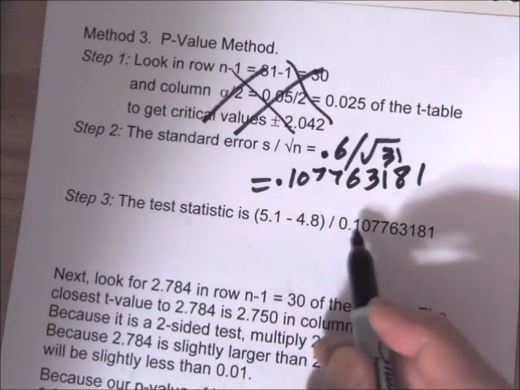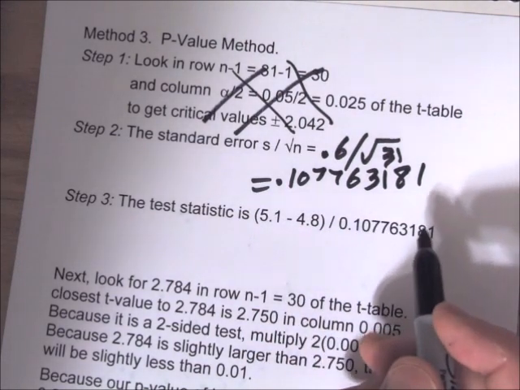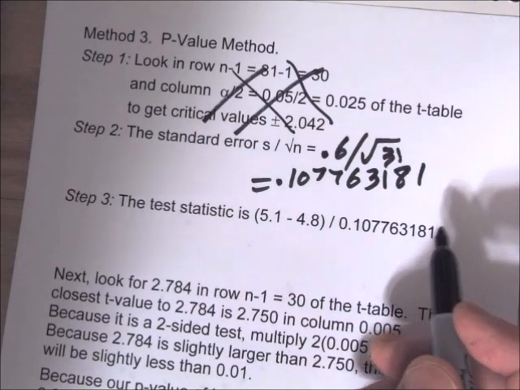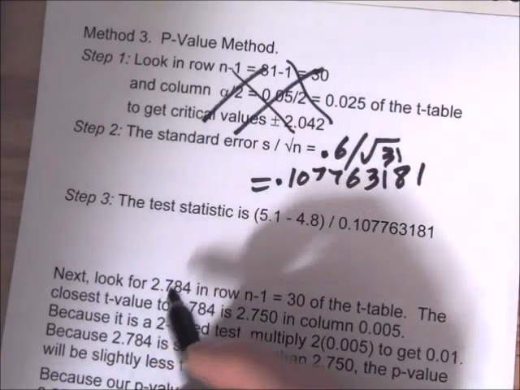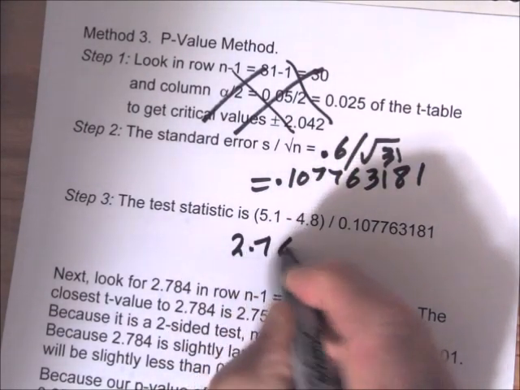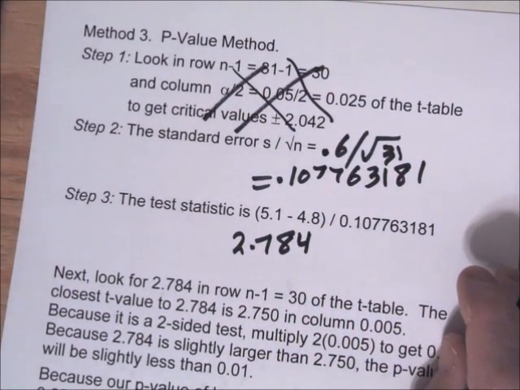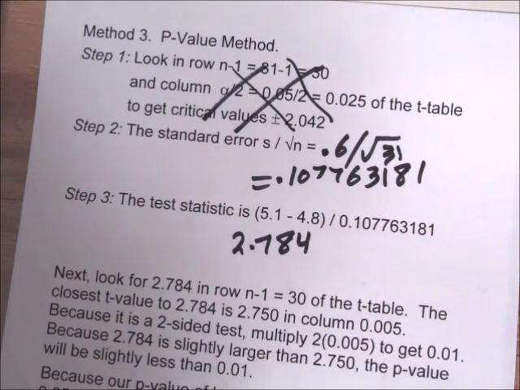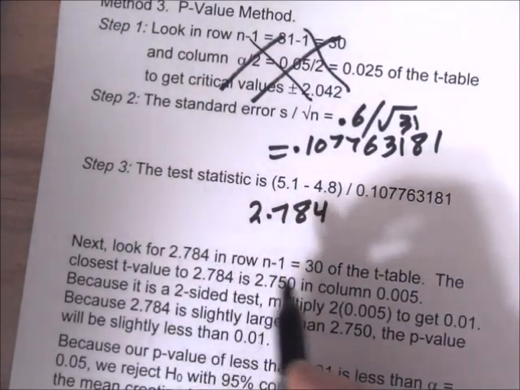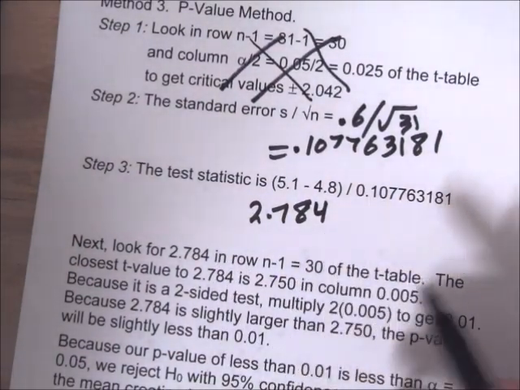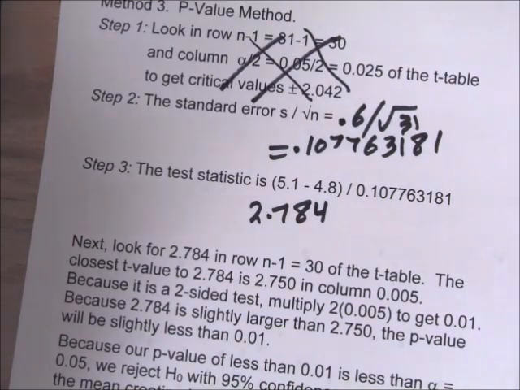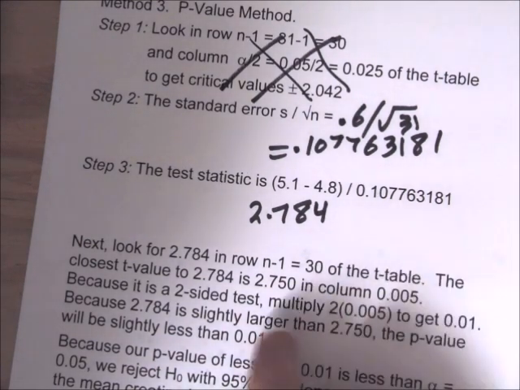Then compute the test statistic, same as we did before. 5.1 minus 4.8 divided by 0.1077, and it comes out to be approximately 2.784. And then we want to look for 2.784 in row 30 of the t table, and the closest t value there is 2.750.